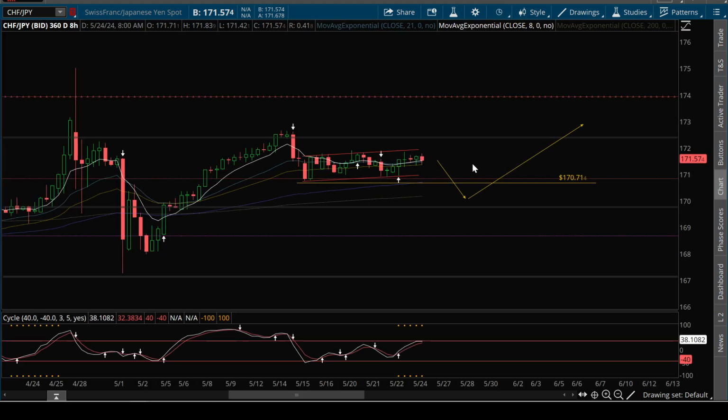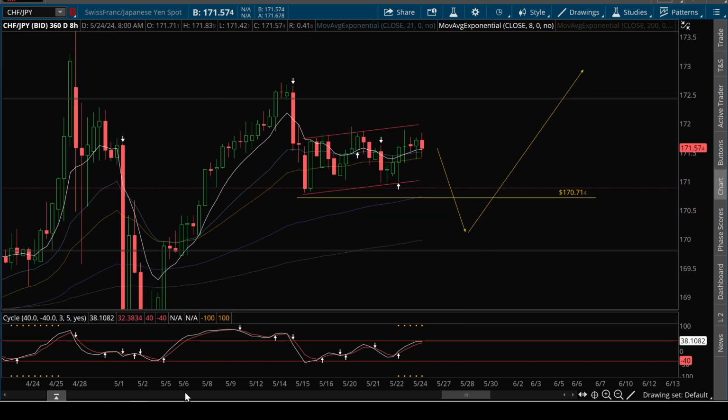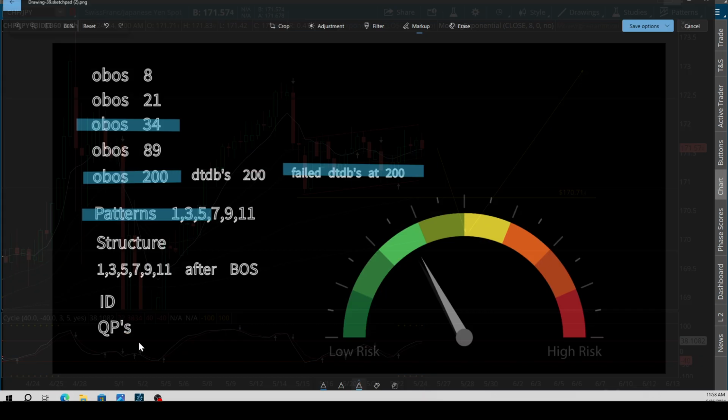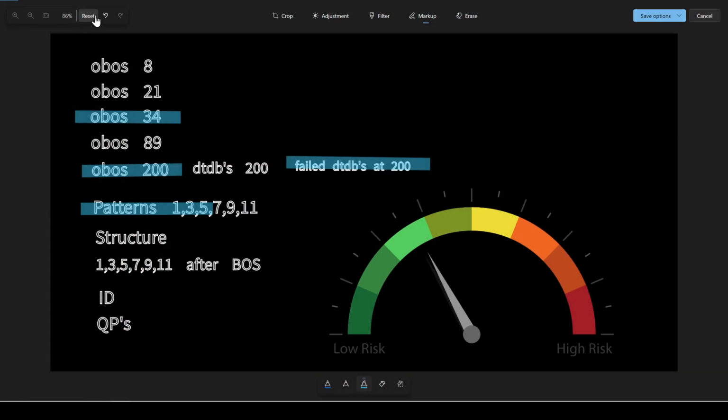8-hour chart. Here's what I mean when we count the waves. Let's look at this again. This is a great example. Patterns 1, 3, 5, 7, 9, 11. After you have 3, the next move should be an impulse. After you have 5, the next move should be an impulse.